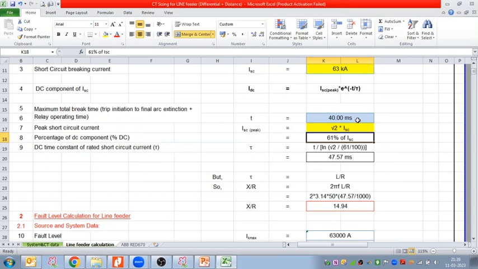Log is on the 10 base, and ln is the natural log. You need to take the natural log, because ln of e to the base e would be 1. That is the reason. So if I take ln here, it would be 1 only, so the exponential will be removed.